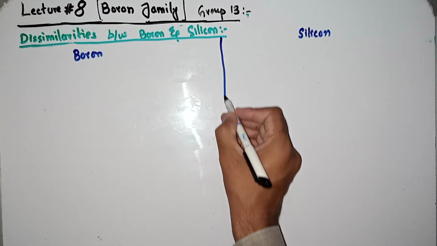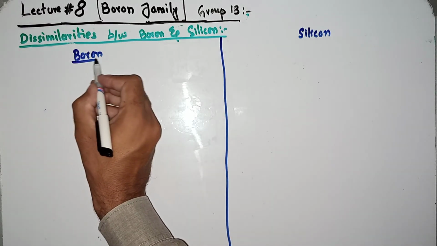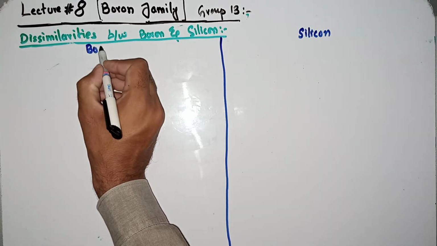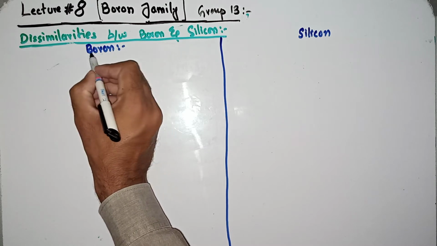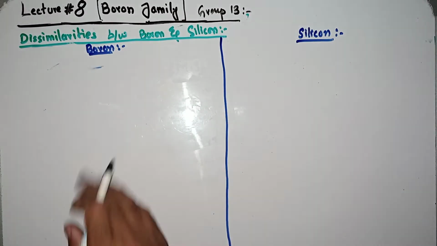This is the midline difference line between boron and silicon.